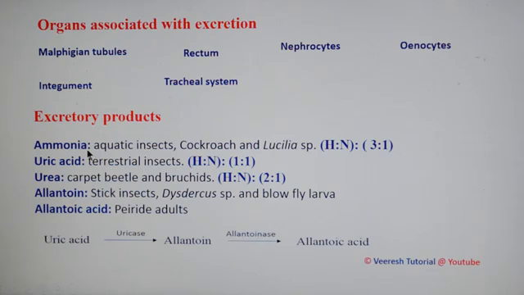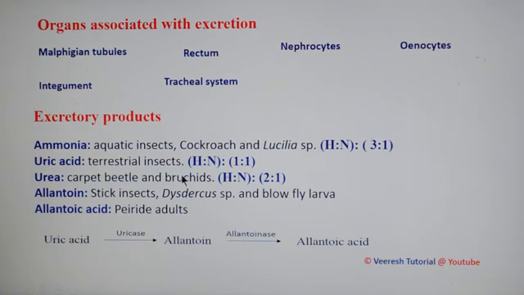So this type of excretion is called ammonotelism. Whereas in terrestrial insects, uric acid is the primary nitrogenous end product. It is relatively harmless and requires less water to eliminate, that is 1:1. So this type of excretion is called uricotelism.